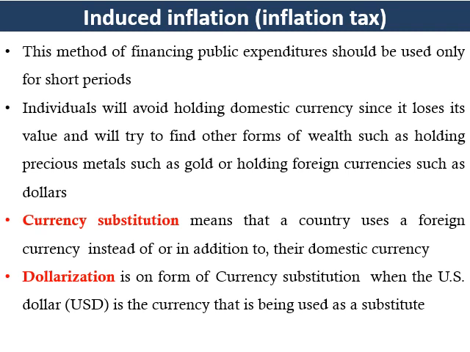This is known as currency substitution, which means that individuals or citizens of one country hold the currency of another country beside their domestic currency or instead of it. And dollarization is one form of currency substitution when individuals hold US dollar.